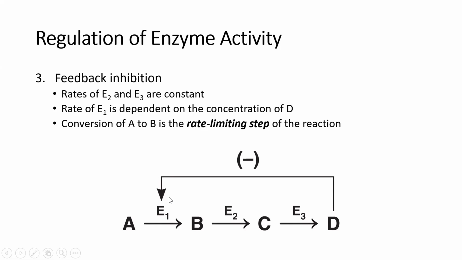That will slow the production of all of the substrates downstream and will eventually slow the production of product D altogether. So this feedback inhibition is a way to prevent excess products from being released, also a way to regulate the enzyme. If it's allowing the reactions to proceed too quickly such that the product is building up, we want to be able to turn that off, or turn that down, or decrease the activity.